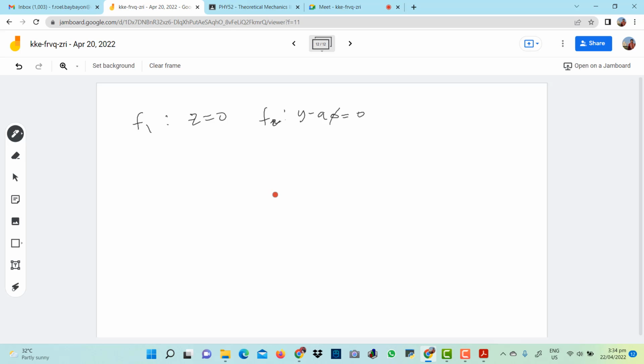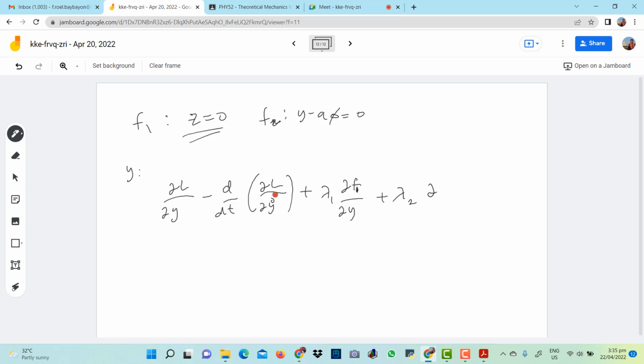But again, nagsulti ko na this is useless because if you use Lagrange multiplier, what will happen? In terms of y, I have partial L with respect to y minus d/dt of partial L with respect to y dot, plus I have two equations of constraints so I have two lambdas: lambda 1 partial F1 with respect to y plus lambda 2 partial F2 with respect to y equal to 0.